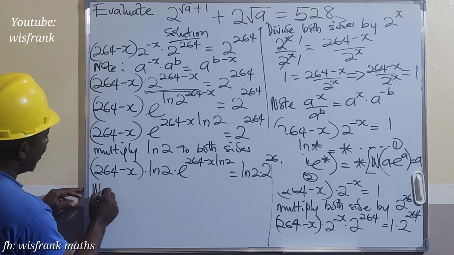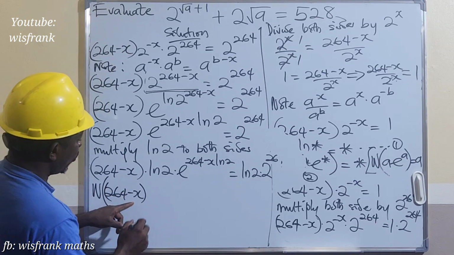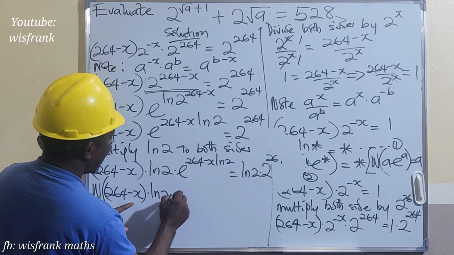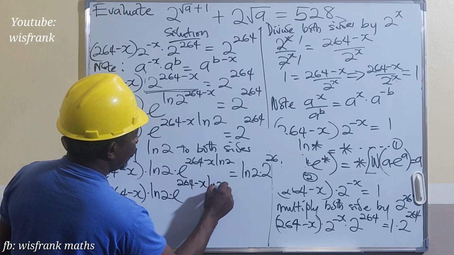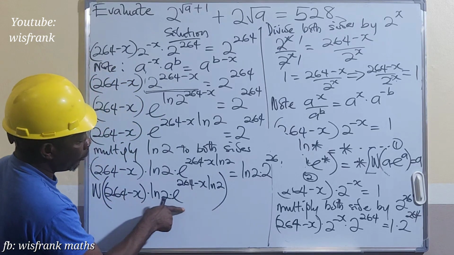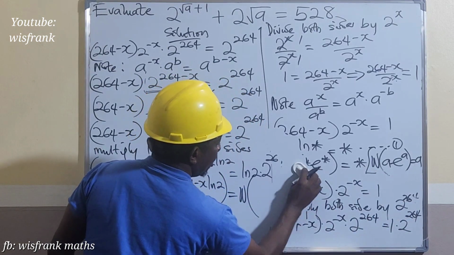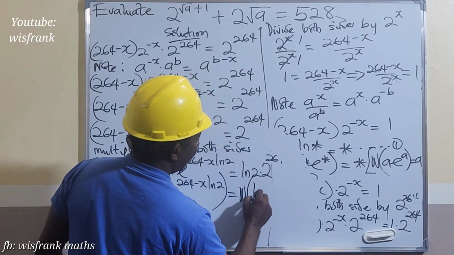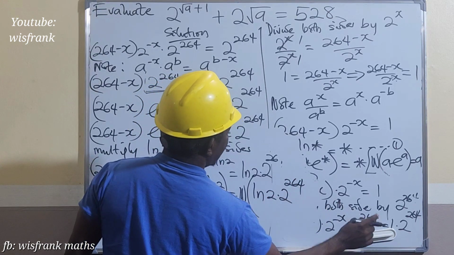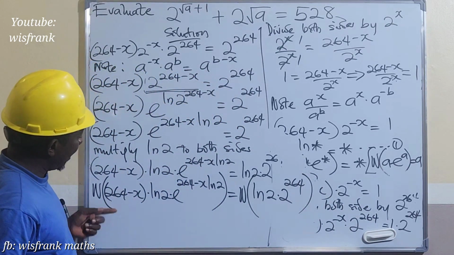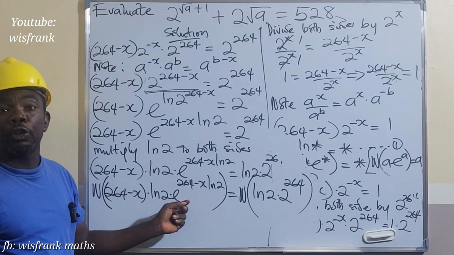We say the Lambert W function of (264 − x) times ln 2 times e to the power of (264 − x) ln 2, this Lambert W function then equals the Lambert W function of ln 2 times 2 to the power of 264. So that is what we have now. We apply the Lambert W function to both sides. That is what we've just done.